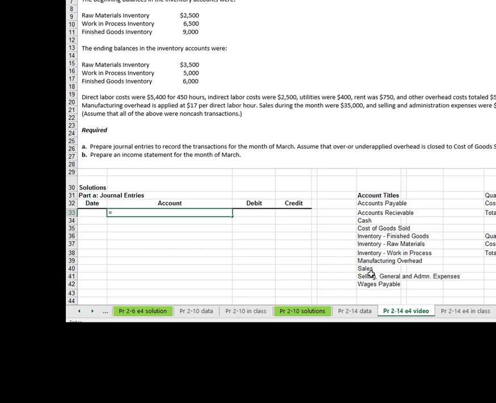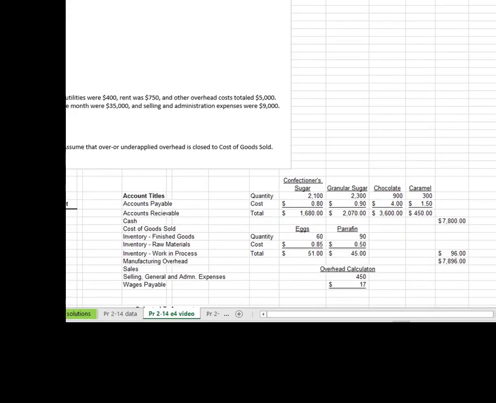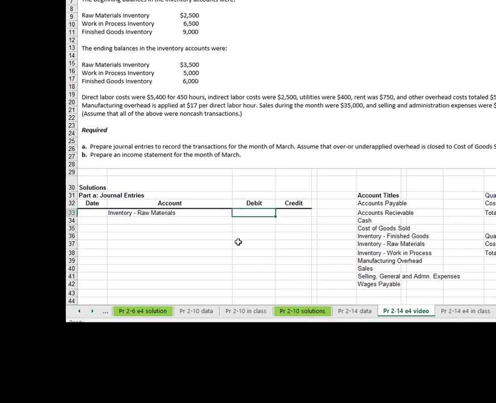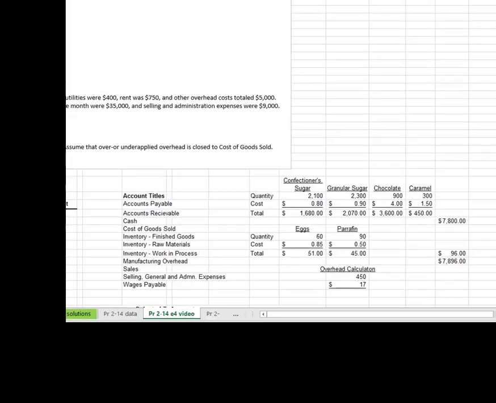So we're going to debit inventory raw materials, and that's going to be, let me show you, for the $7,896, that's the total. So I'm going to hit the equal sign.